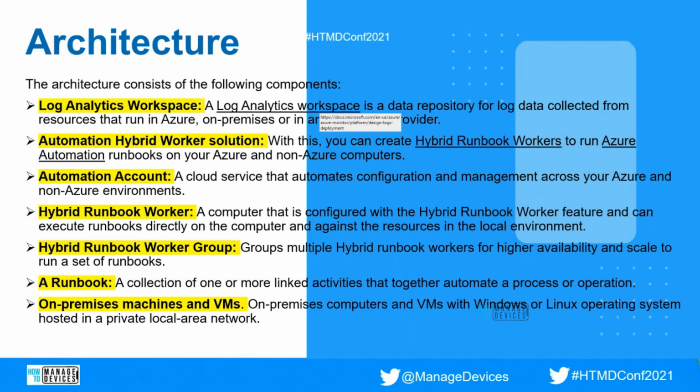Then there is the hybrid runbook worker group, where we will see a collection of all the hybrid worker servers in one place, and it will be used to scale the set of runbooks. Another benefit of this group is, suppose you have multiple domains in your infrastructure. Earlier the option was the CAS, and it is still in place.